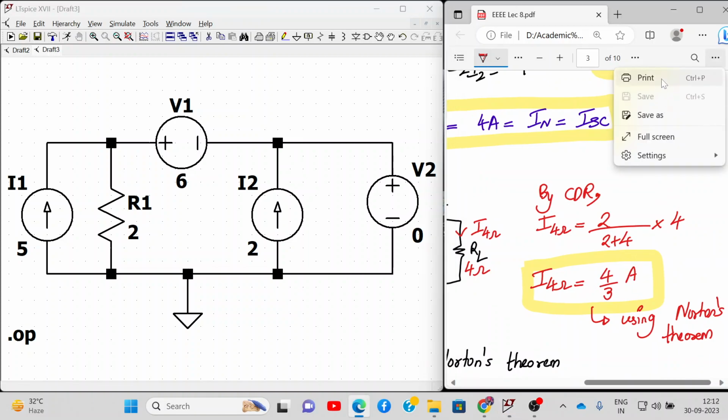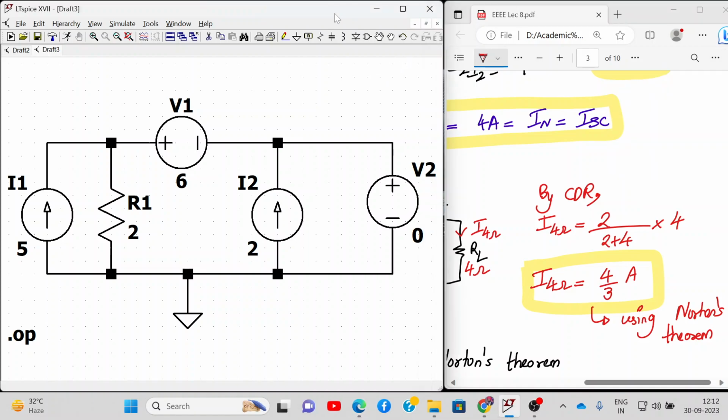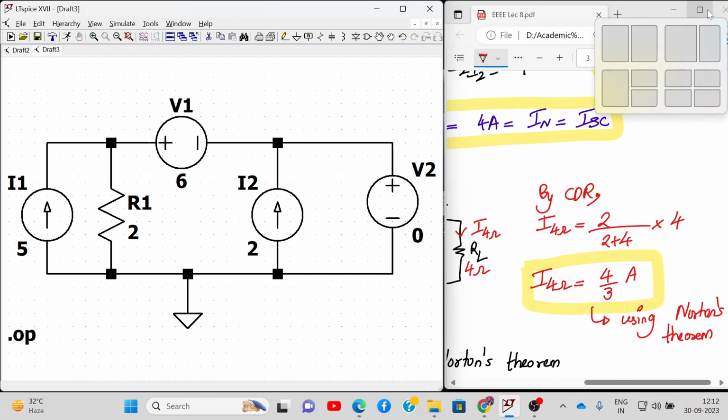Alright, so that is what we have over here. Now let's get back to the handout. I hope it is clear. So in this manner, we can solve any numerical using Thevenin's theorem and Norton's theorem very easily. All right. Now let us continue with the further part.